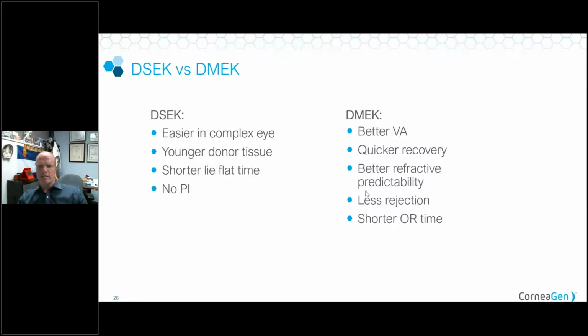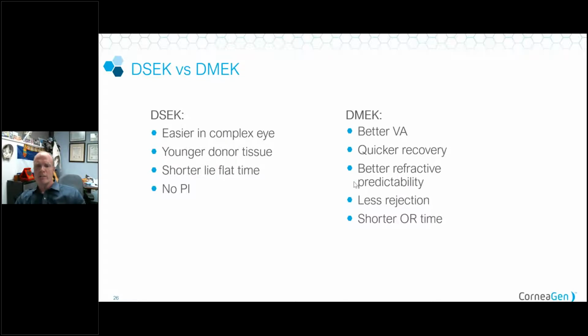Another advantage that Keith alluded to of DMEK over DSEK is that even with the nano-thin DSEK, you're putting in some sort of a minus lenticule, and there is some variability in your refractive choices, and DMEK is much more predictable what lens to choose if you're doing it in combination with a phaco.